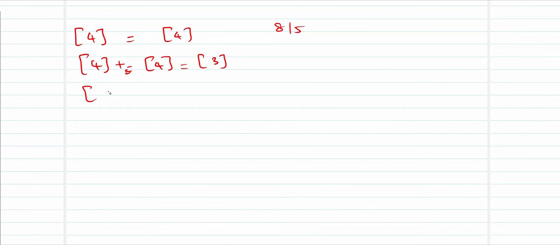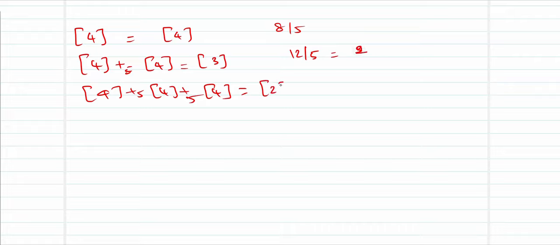Now 4 addition modulo 5 with 4 addition modulo 5 with 4: that is 4, 8, 12. 12 on division by 5 gives remainder 2.